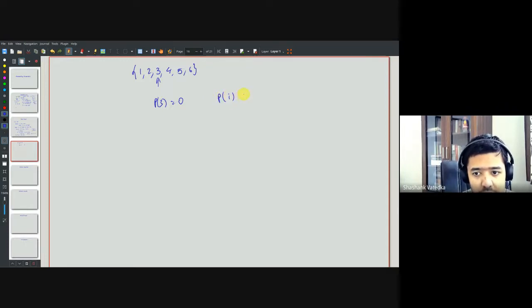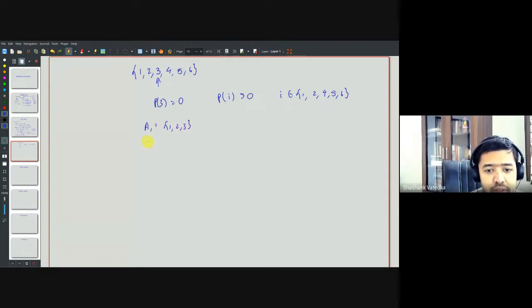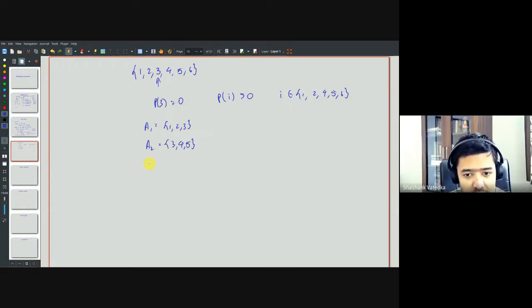It's a simple example. But now if I say that event A1 is {1, 2, 3}, and event A2 is {3, 4, 5}, then the probability of the intersection is 0, even though the intersection is non-empty.